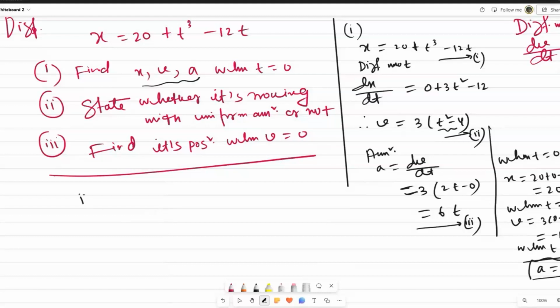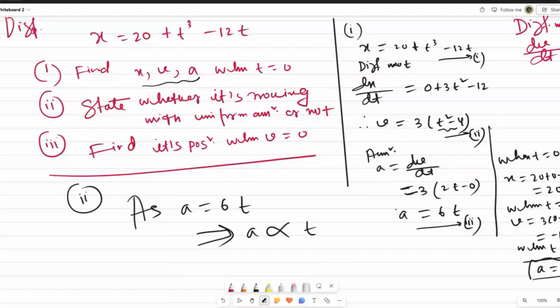Now the second part, state whether it is moving with uniform acceleration or not. What is the value of acceleration we got? We got this thing, a equal to 6t. Yes. So a is proportional to t. So a is time dependent.